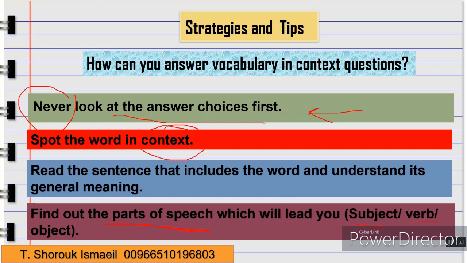If this word is a noun, and I have verbs in the answer choices, I just cross them out, so I will not choose them without even looking at their meaning. And vice versa. So finding out the part of speech can serve in eliminating some of the answers that I don't need.